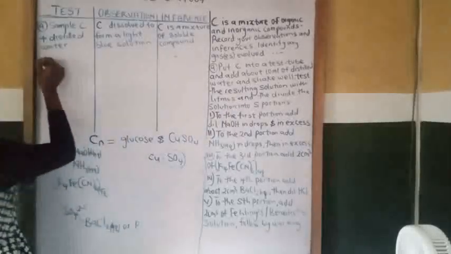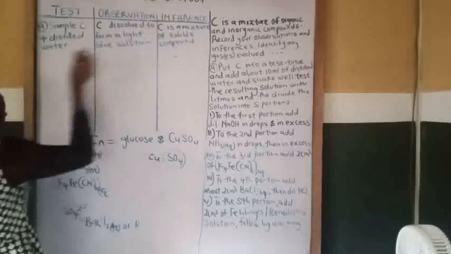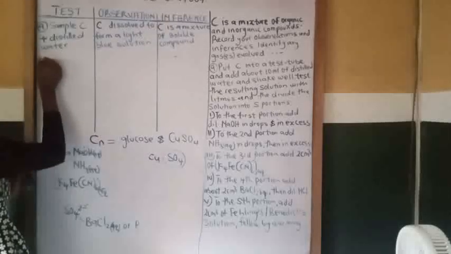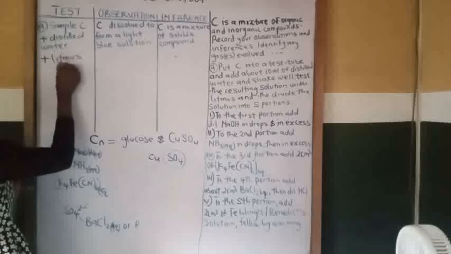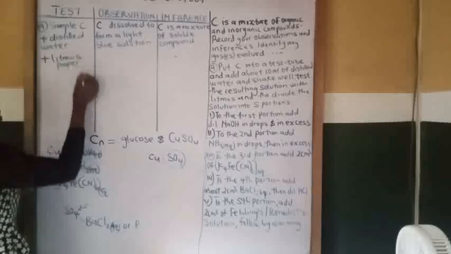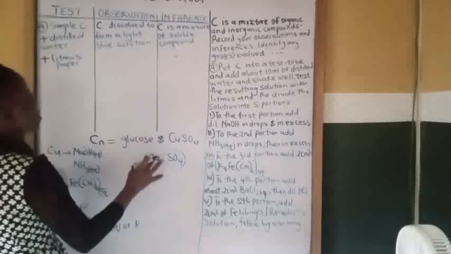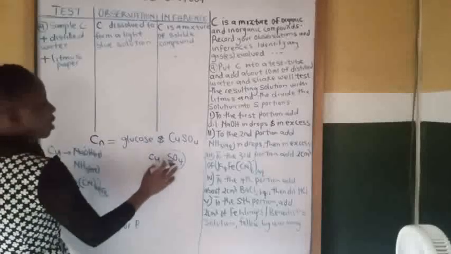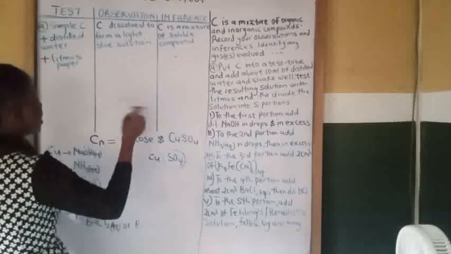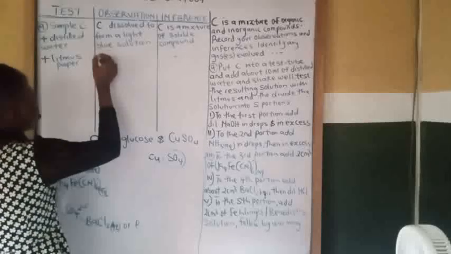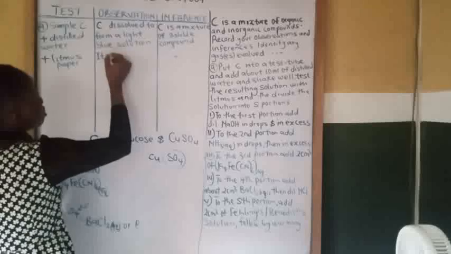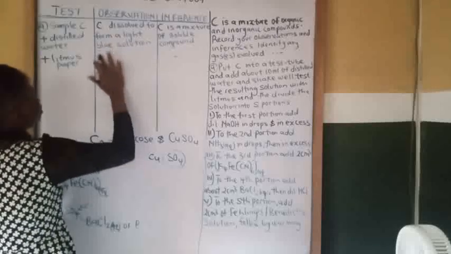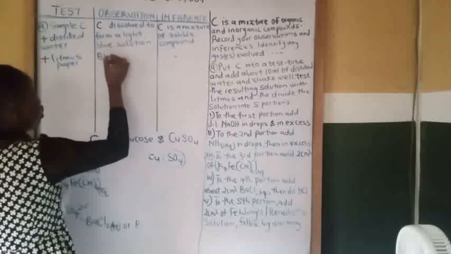So we are going to say that plus another line. This is one line. Then you now go to another line. Plus litmus paper. So what is the effect of the solution on the litmus paper?